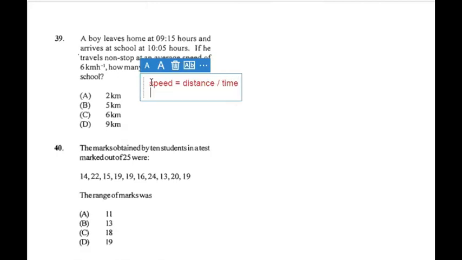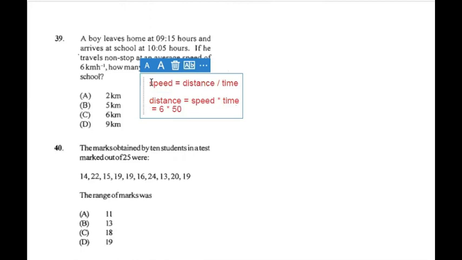So we're looking for distance, so rearranging the formula, distance is equal to speed multiplied by time, and the speed is 6 kilometers per hour, and that is multiplied by 50, because 9:15 to 10:05 is 50 minutes.